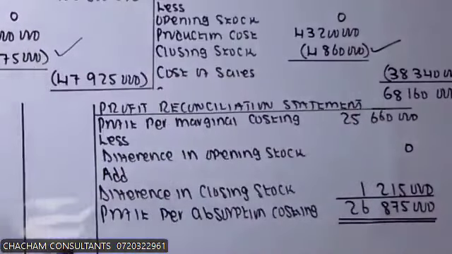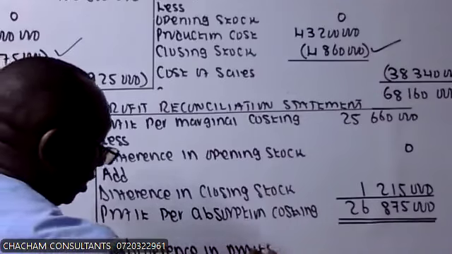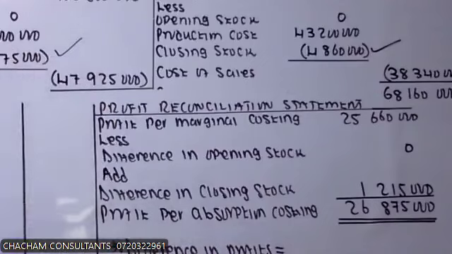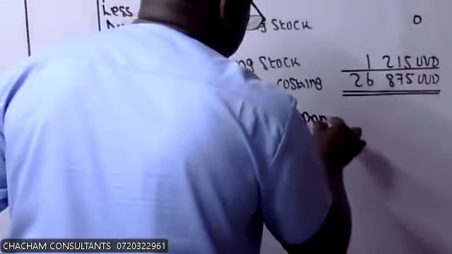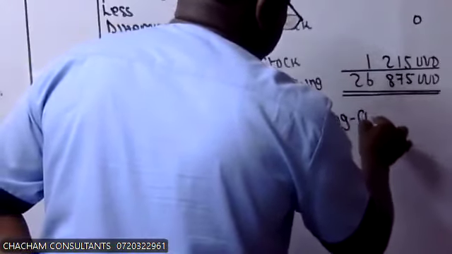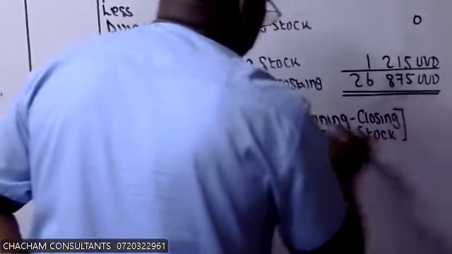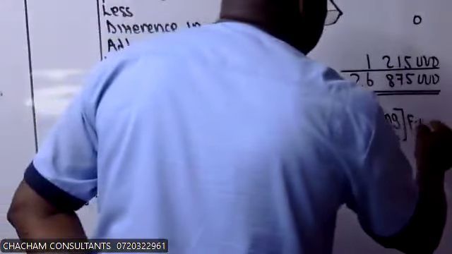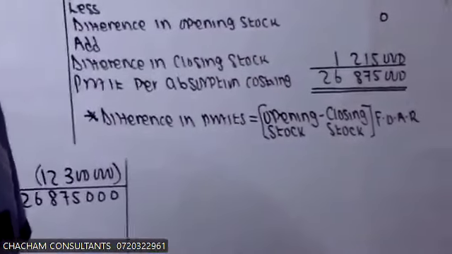Actually, if you want to get the difference in profits, you get the opening stock, you less the closing stock, you multiply by fixed overhead absorption rate.